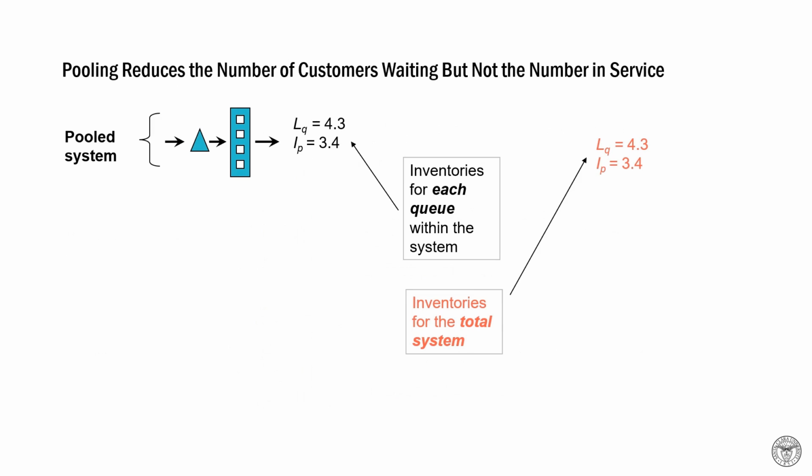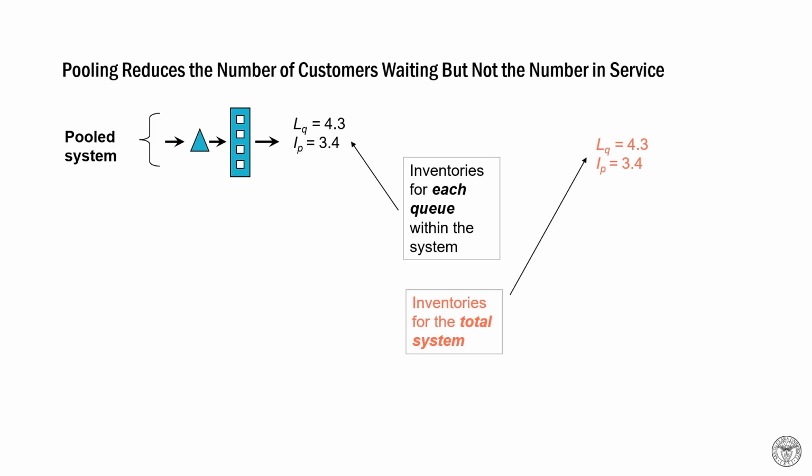In the realm of queue management, pooling resources can significantly reduce the number of customers waiting in line, but it doesn't necessarily decrease the number of customers in service. Let's again consider 3 systems for context: a pooled system, a partially pooled system, and a separate queue system.